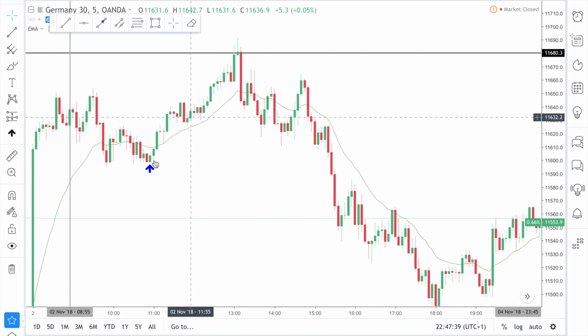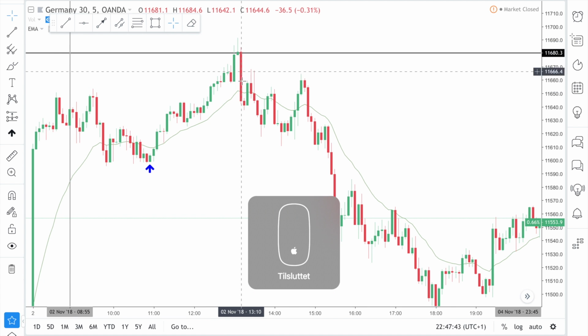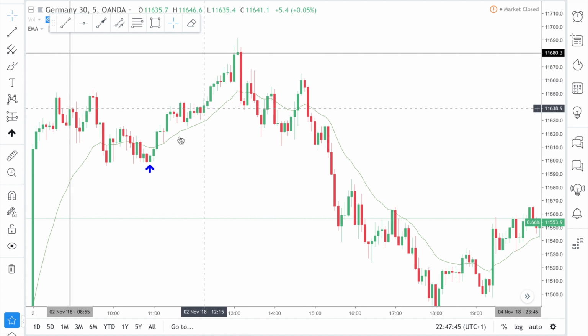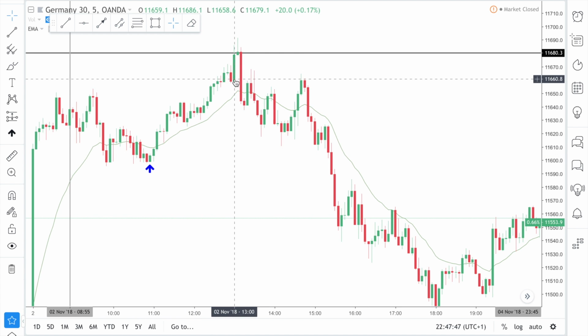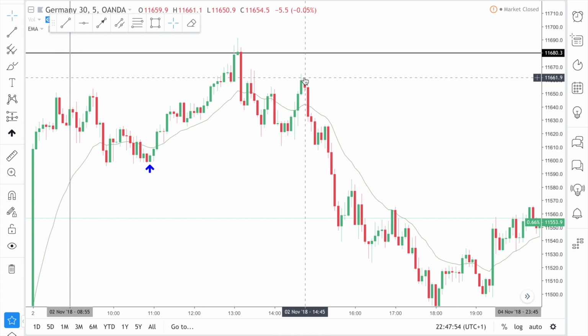You have this spike and channel pattern, and you have exhaustion up here, and then you have a breakout of this bull trend line, a breakout to the downside, and you have a 3 push pattern down and a pullback.